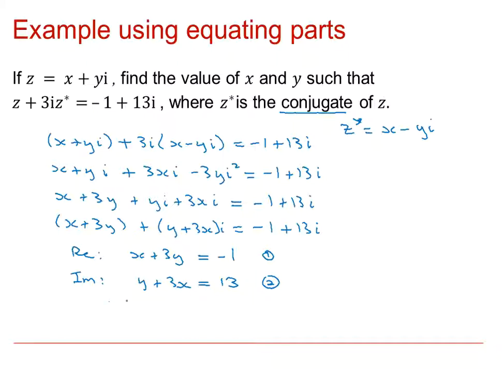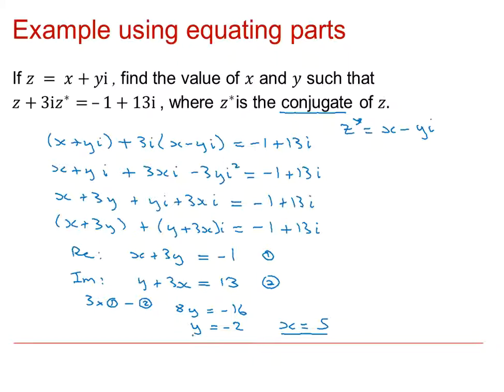I can now solve these simultaneously by doing 3 times equation 1 and taking away equation 2, which will give me 8y is minus 16, so y must be minus 2, and if I substitute back into one of the equations, I'll end up with x equals 5.